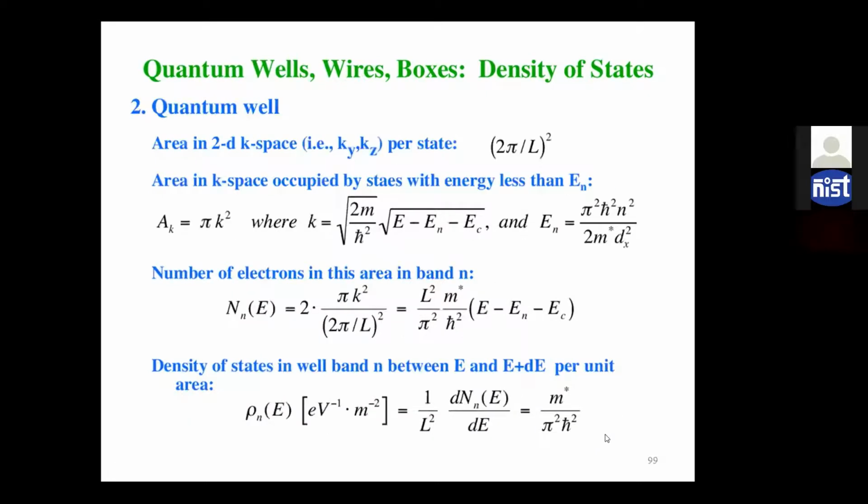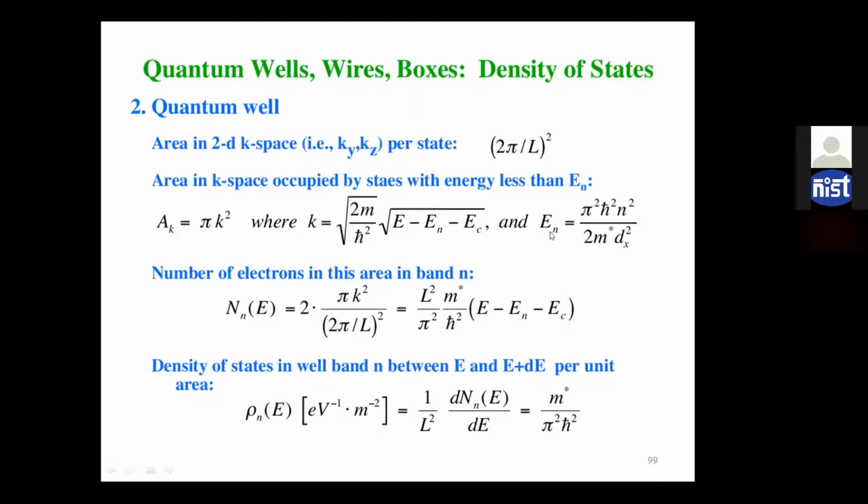Similarly, if you go for a quantum well, in a quantum well one dimension is confined, so it can only move along y and z. Let the x direction be confined; it can move only along y and z. Therefore, in a quantum well, the area in 2D k-space will be (2 pi by L) squared.